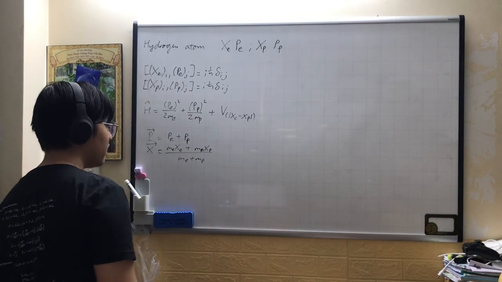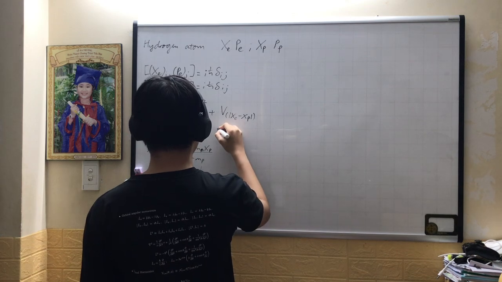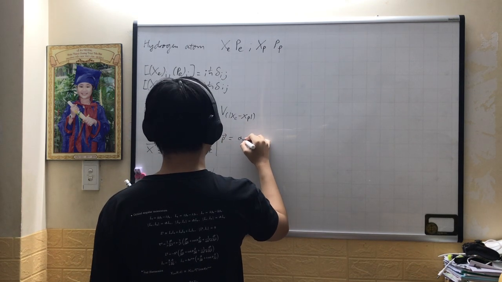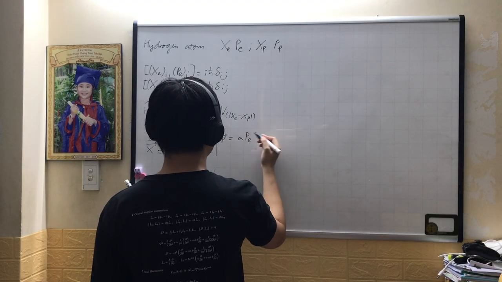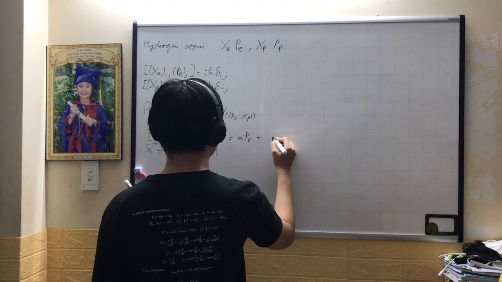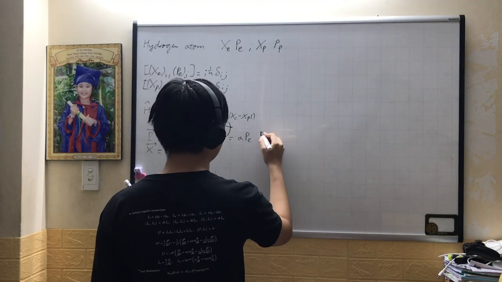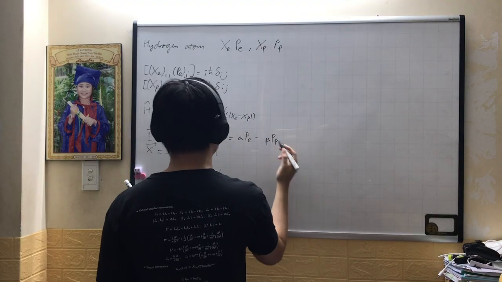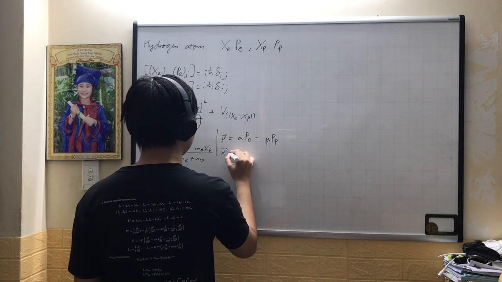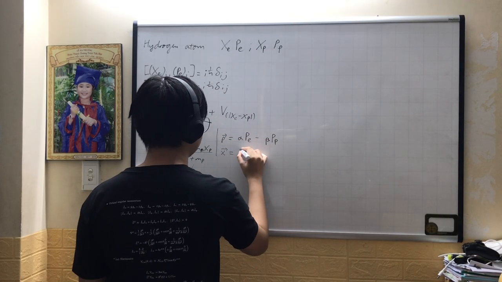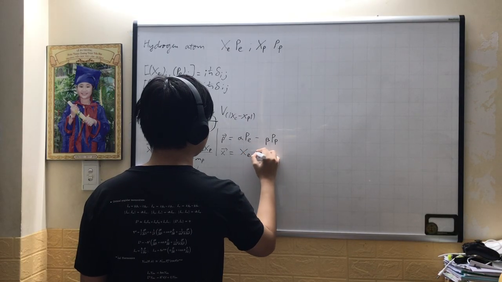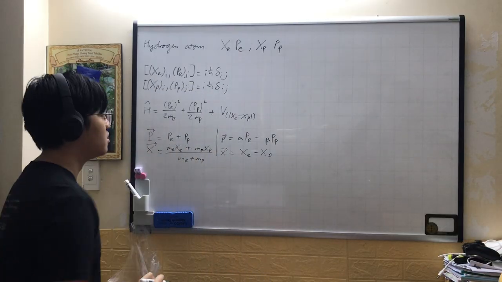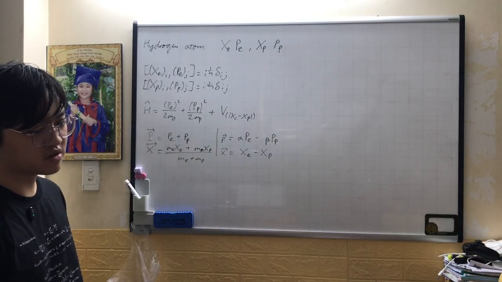Next is our relative momentum, which has these smaller weights to ensure it does not behave abnormally. Next is the relative position, which is just x_e subtracted by x_p.